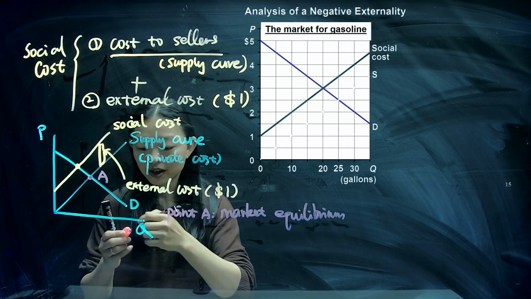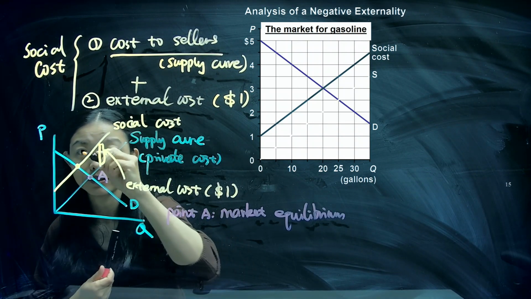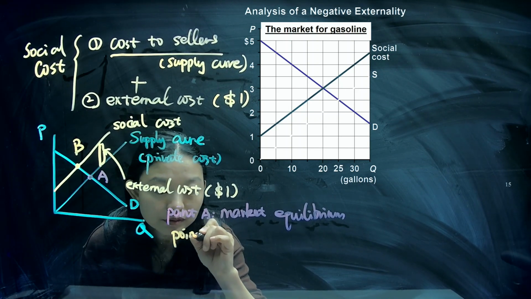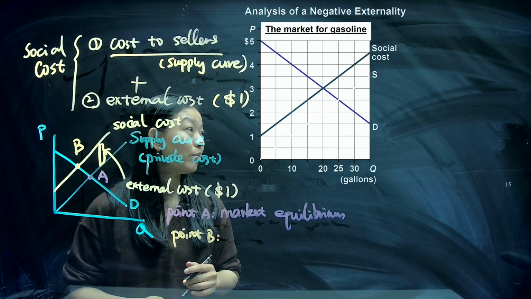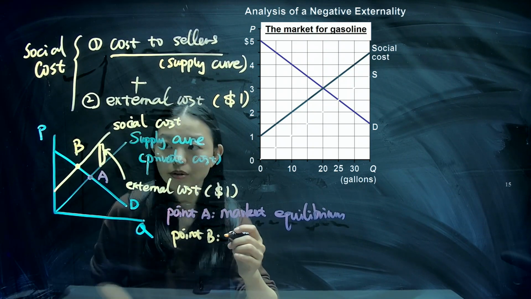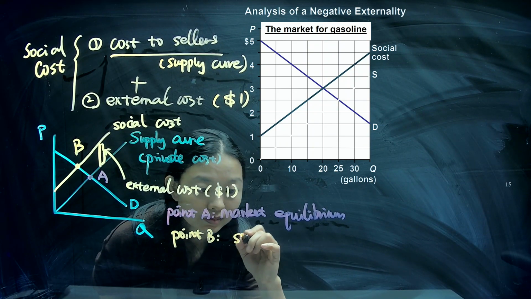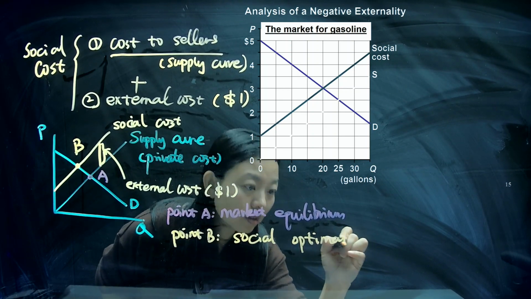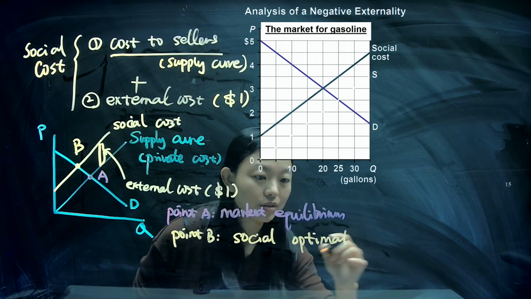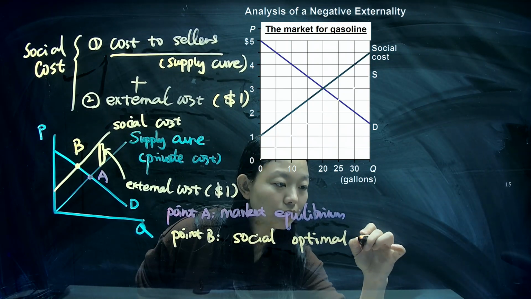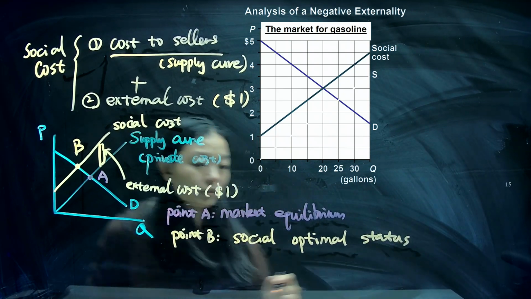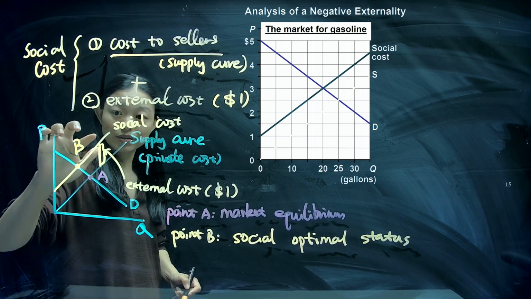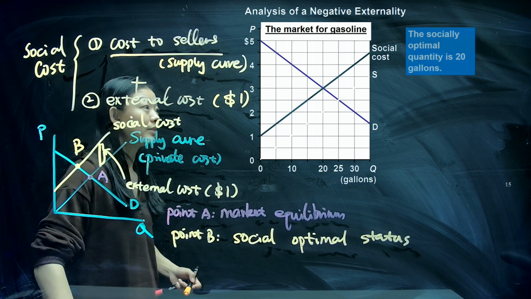However, with the social cost, now we have the new point here, point B. We call point B the social optimum, because point B is the intersection of the social cost and the demand curve.